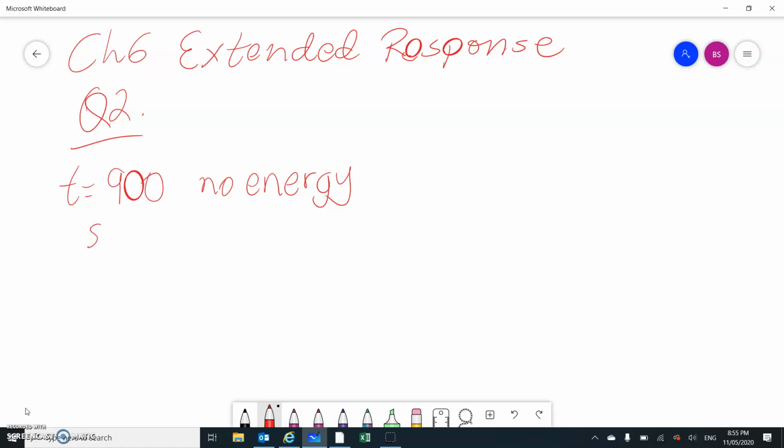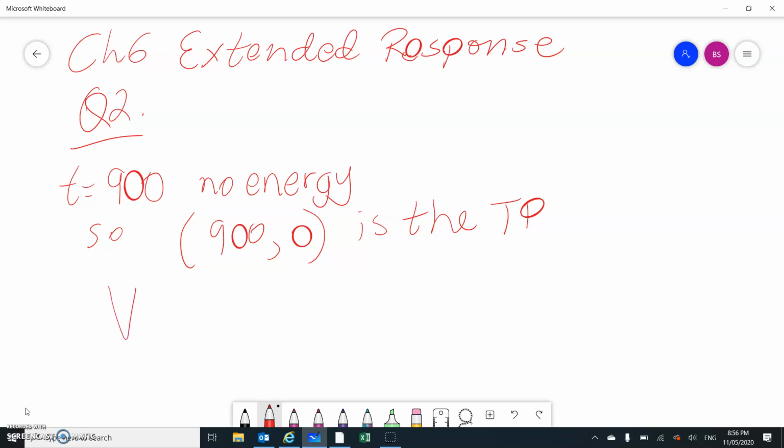So you have the point (900, 0). Because there's no energy, that is the turning point. The reason it's the turning point is that the question states it uses up all the energy. So that's the turning point.